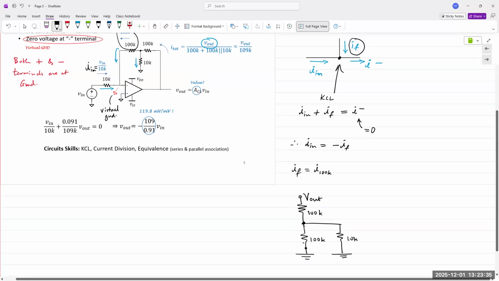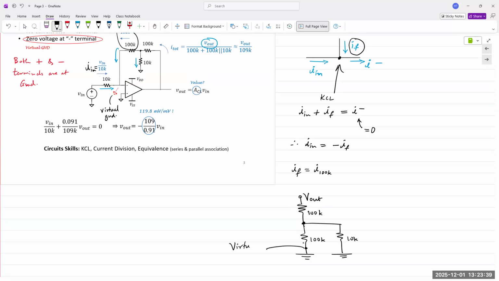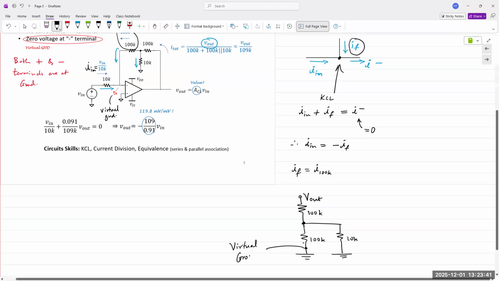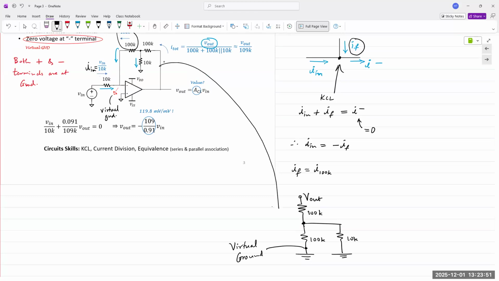This right here is the virtual ground at the inverting input terminal. And that's how we obtain this term.